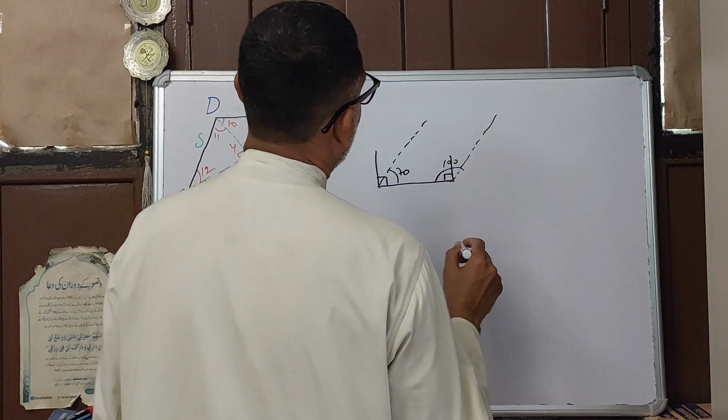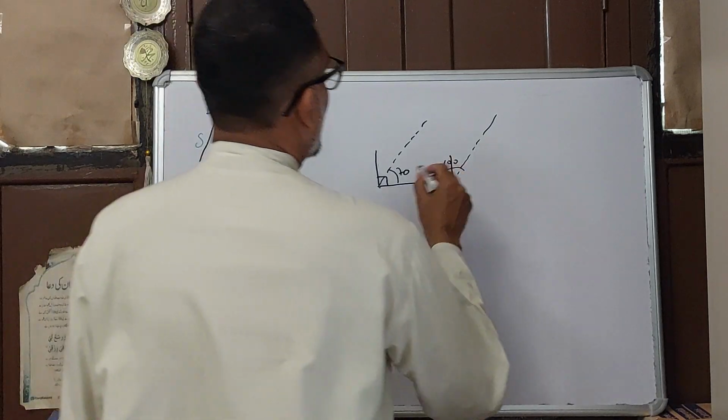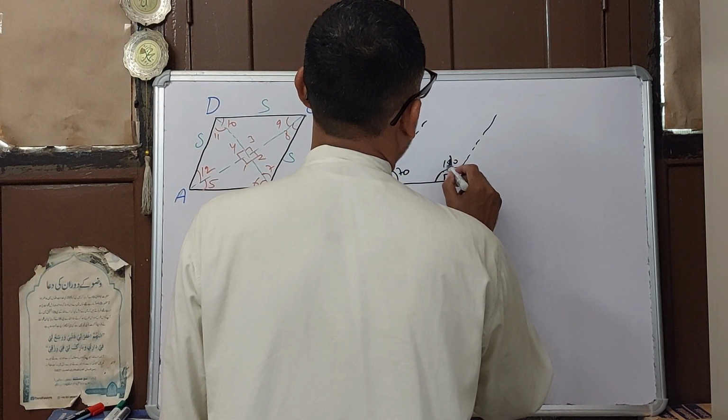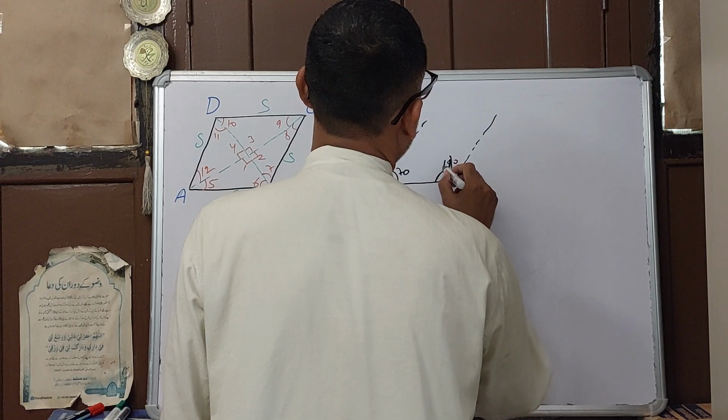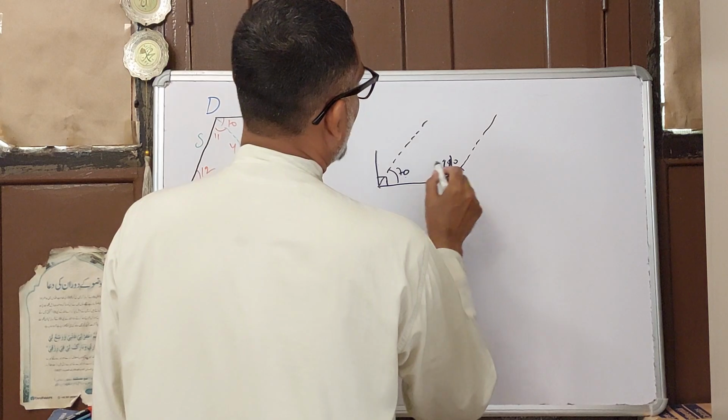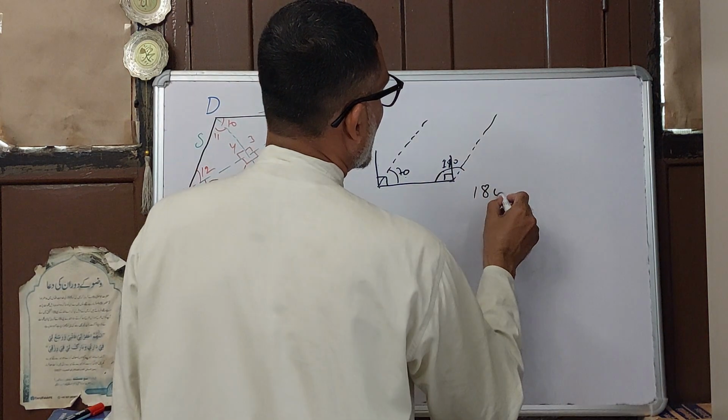Sorry, if it is 70, then it becomes 110. Why? Because it is always in the same ratio. If the lines are parallel, these two combined will always be 180.